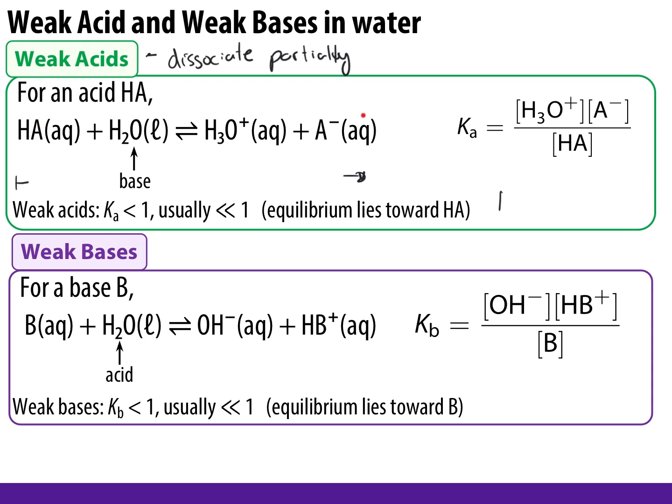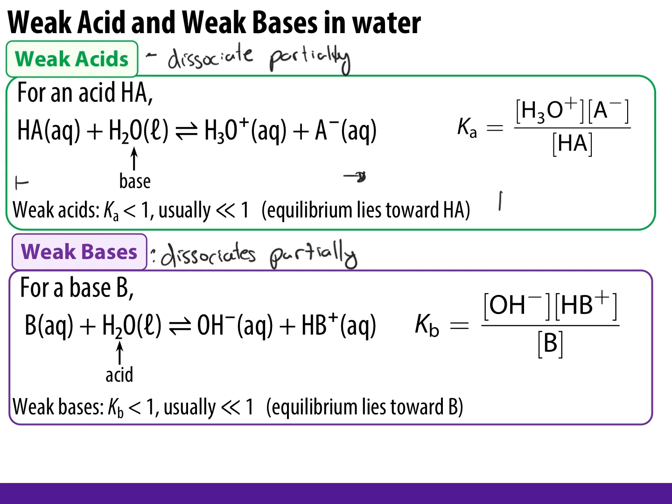All products would be a K much, much greater than 1. Weak acids only dissociate partially, so equilibrium definitely favors reactants by quite a bit. Equilibrium constant, products to their coefficients over reactants, so H3O+ times A- over HA. H2O is a pure liquid, so its concentration doesn't change as we run this reaction. Doesn't show up in the K equals Q expression.